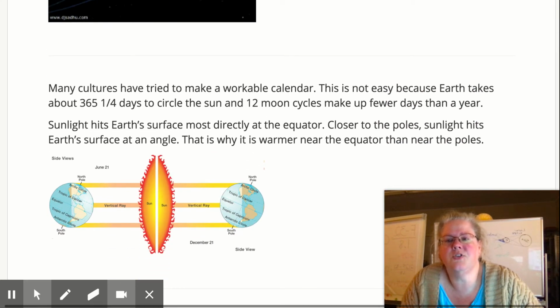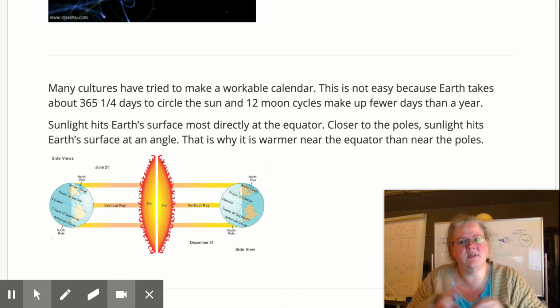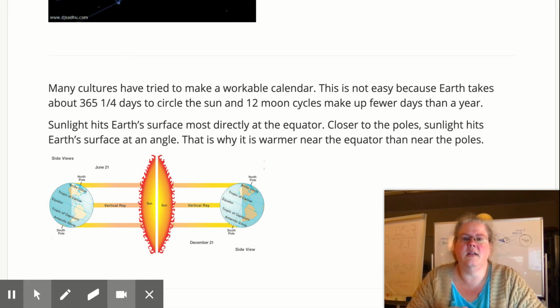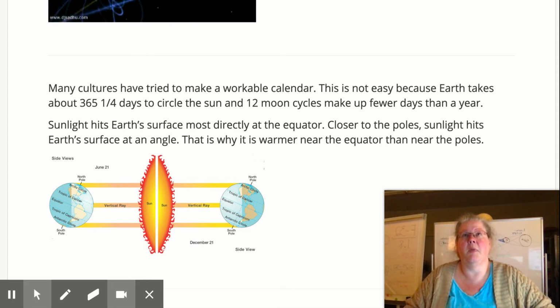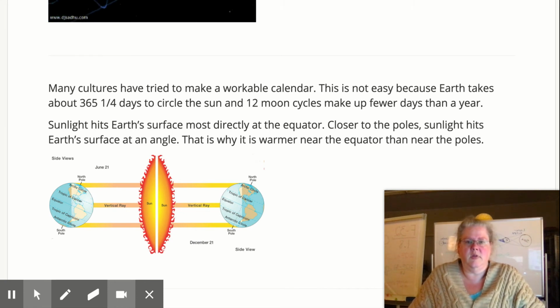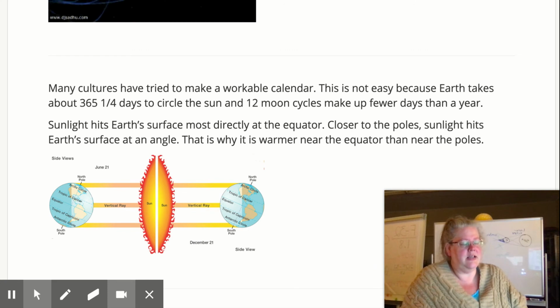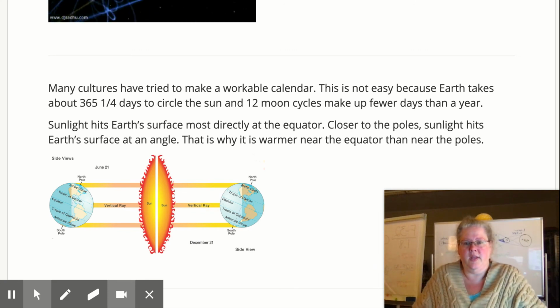So many cultures have tried to make a workable calendar. It's not easy because the Earth takes 365 and a quarter days to circle the sun, and 12 moon cycles makes up fewer than a year. So we can't just say 12 months, 12 moon cycles. By the way, months come from lunar cycles, and originally there were 10; we added 2 in.